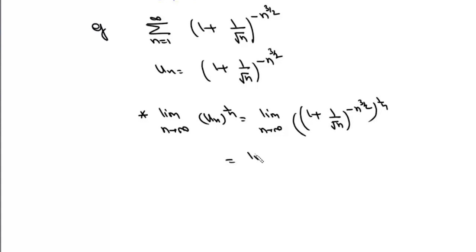So it will be this limit n tends to infinite 1 plus 1 upon under root n to the power minus n to the power 1 by 2. Now this is a standard limit and its value is e to the power minus 1, which is 1 upon e, and 1 upon e is less than 1. And since the value of this limit is less than 1, it means this series is a convergent series.